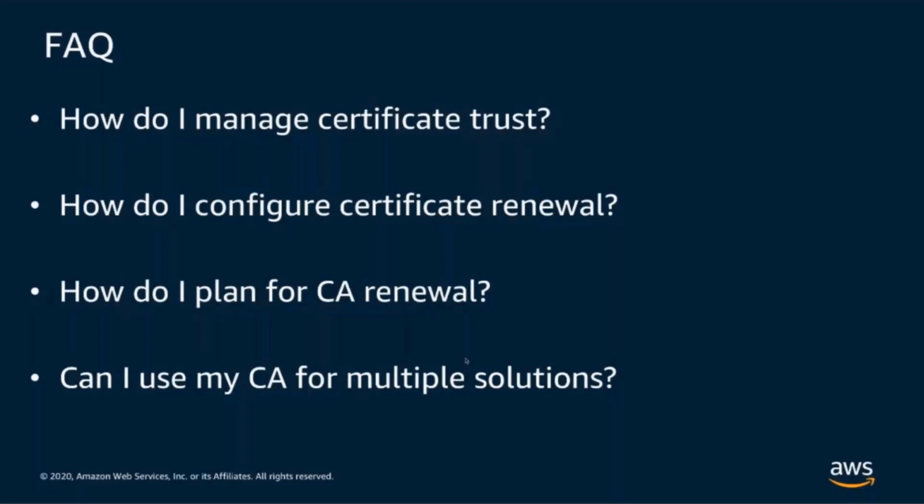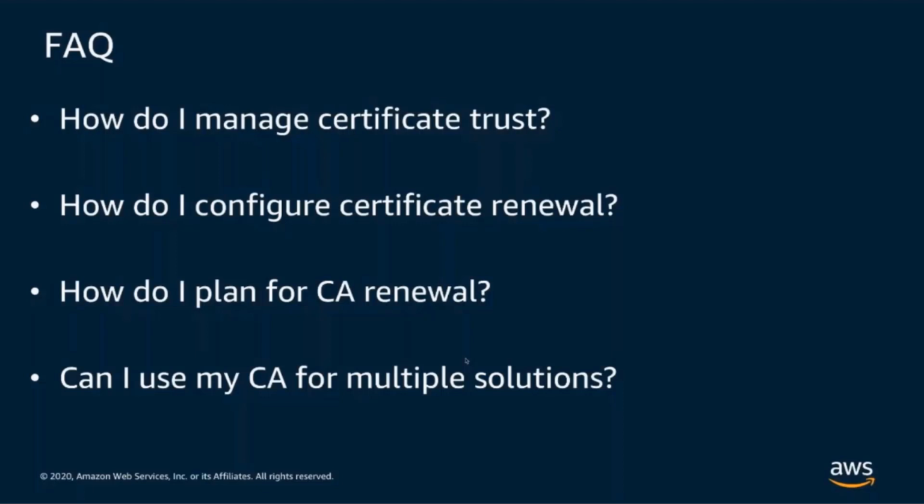A second question that we get is around certificate renewal and making sure that their environment is able to renew the certificates and that services aren't terminated due to certificate expiry.